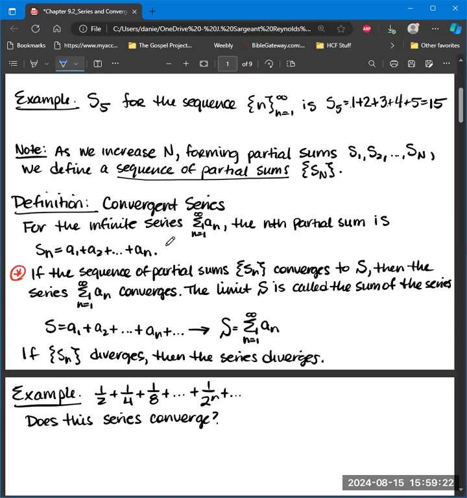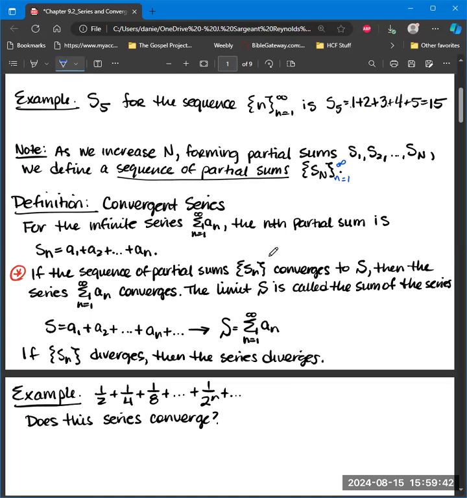Notice as we increase n, forming partial sums S1, S2, dot, dot, dot, Sn, we define a sequence of partial sums, S sub n, and this is going to be defined for n equals 1 to infinity.